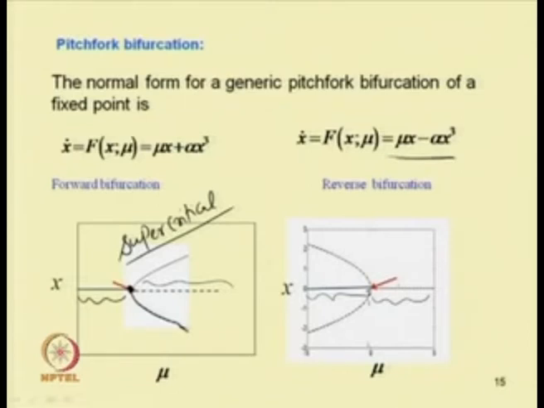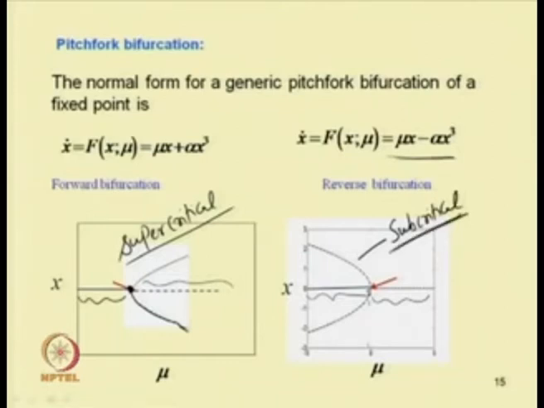Due to the presence of this unstable response, the system may suffer a catastrophic failure. Here the bifurcation is known as subcritical bifurcation. The subcritical bifurcation is a dangerous or catastrophic bifurcation.